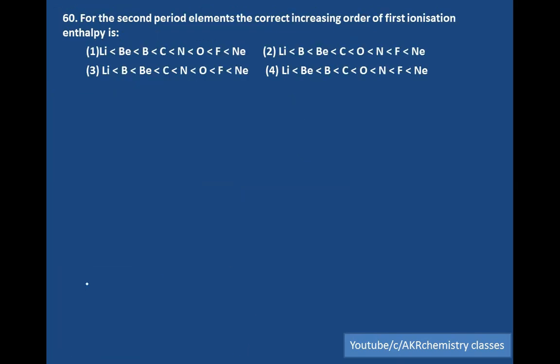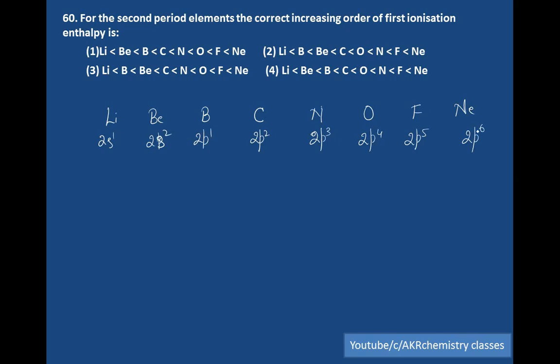Next, for the second period elements, the correct increasing order of first ionization energy: lithium, beryllium, boron, carbon, nitrogen, oxygen, fluorine, neon. 2s1, then 2s2, 2p1, 2p2, 2p3, 2p4, 2p5, 2p6.